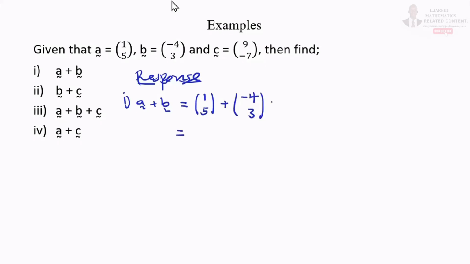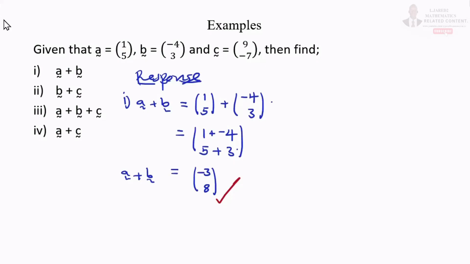As we simplify, it is 1 plus negative 4, then 5 plus 3. 1 minus 4 is negative 3, then 5 plus 3 is 8, implying that vector A plus B equals negative 3, 8. This becomes our answer for Roman number 1.